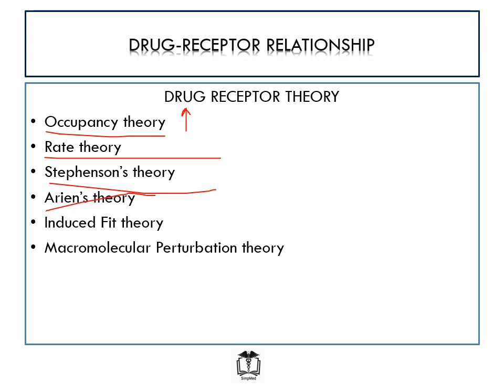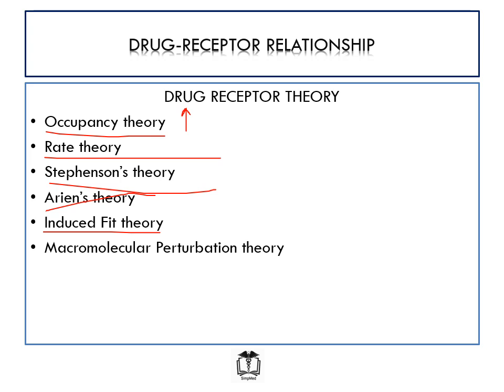So we say that maximal response is produced without 100% receptor occupation. So this one is kind of antagonistic to the occupancy theory. We don't really need to have 100% occupancy of a receptor to have the maximum response. The maximum response, according to the Arrhenius theory, is based on how tightly these particular drugs are bound to the receptors.